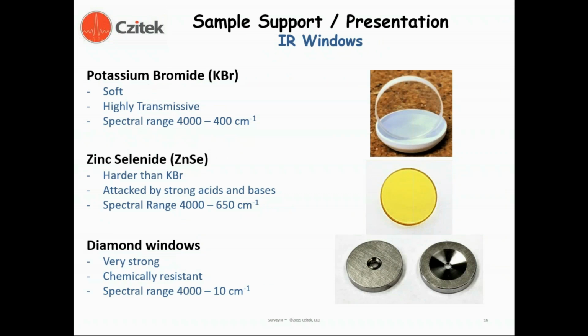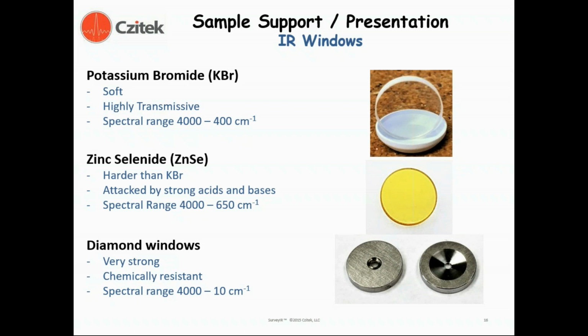So here are some of the infrared windows that we can use in a compression cell or a 3-hole mount slide. Potassium bromide is a general purpose material. It is transmissive through the entire range of the instrument and the detector mounted in the instrument.